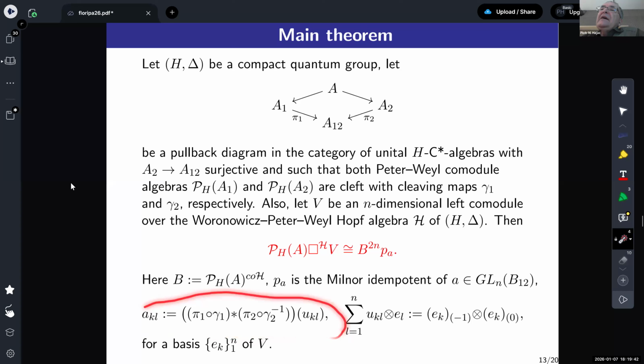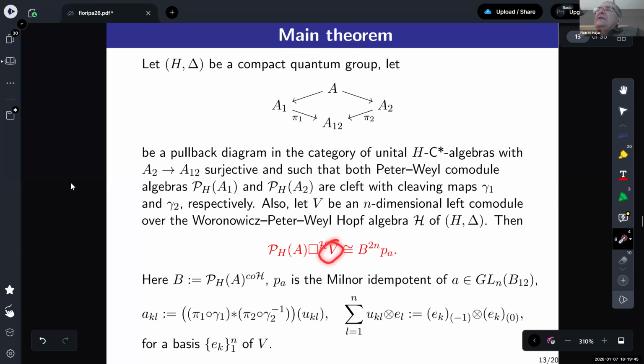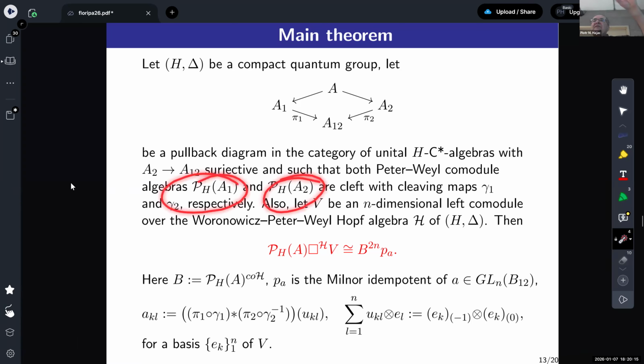You see, I take my left comodule V, some finite-dimensional corepresentation. I choose any basis and write the left coaction again as before. I have this representation matrix U_KL. For every K, L, it is in my Hopf algebra, and now I can apply both cleaving maps gamma 1 and gamma 2. It's just that one lands in the Peter-Weyl of A2, another one lands in the Peter-Weyl of A1. But then I apply these surjections pi1, pi2.